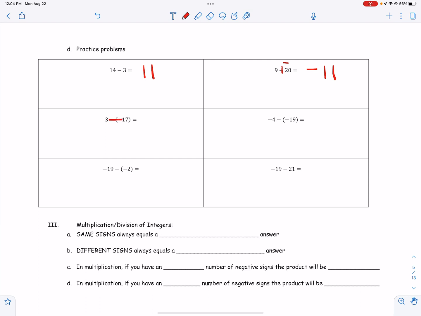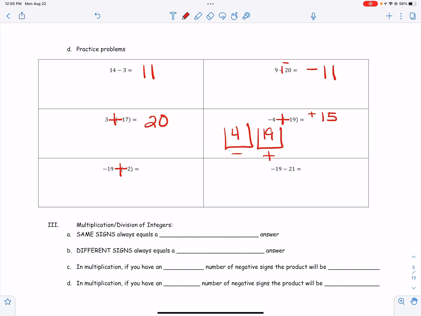This double negative is going to turn into a positive, and so now I have 3 plus 17, which gives me 20. This double negative turns into a positive, and so I have 4 in my negative. Whoops, I wrote 19, sorry. 4 in my negative and 19 in my positive, so that's going to be a positive 15. Change that.